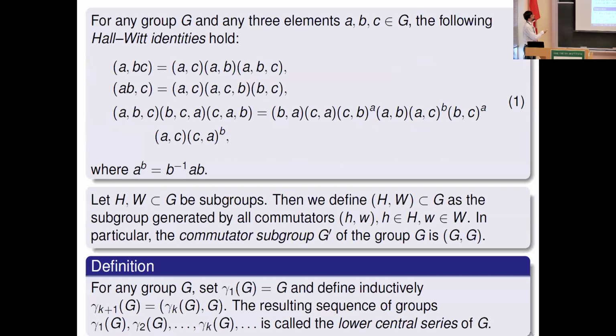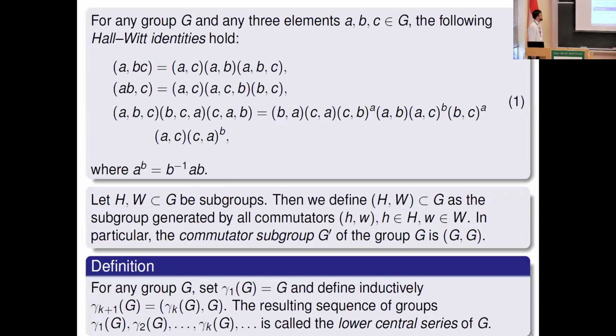For any group G and any three elements A, B, C from G, the following Hall–Witt identities hold, where A to the power B is like this.